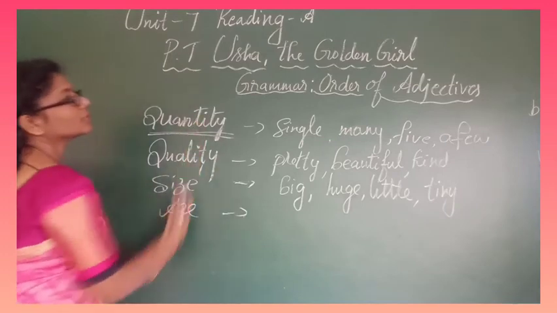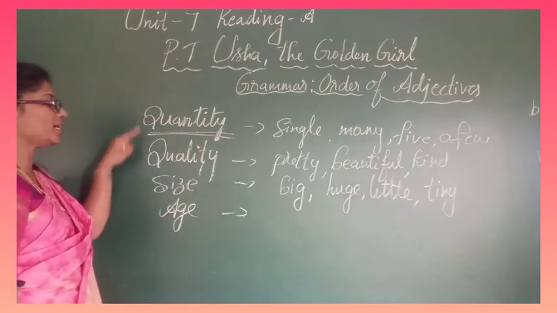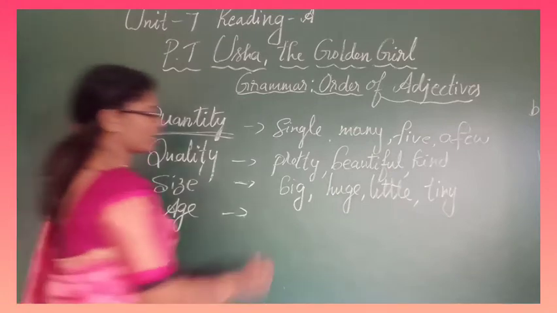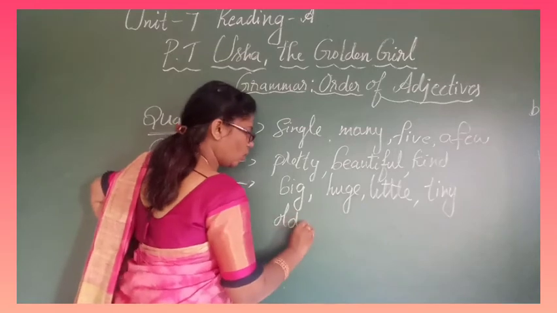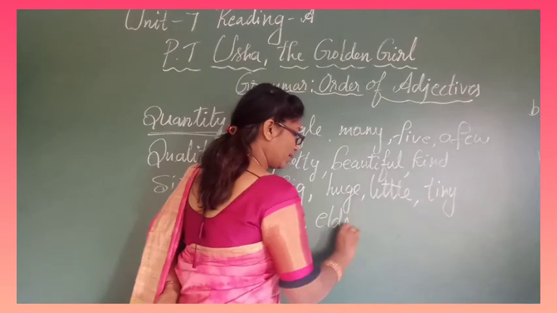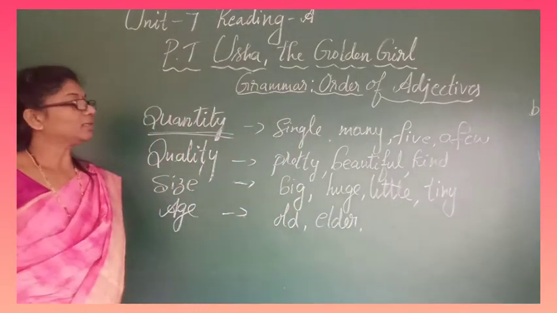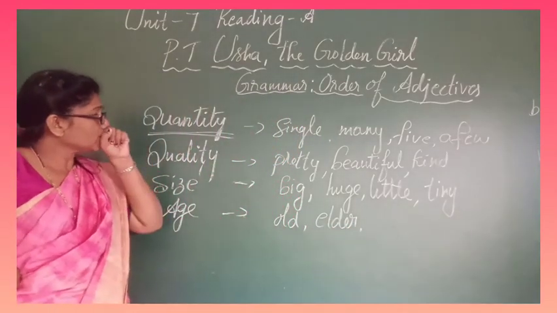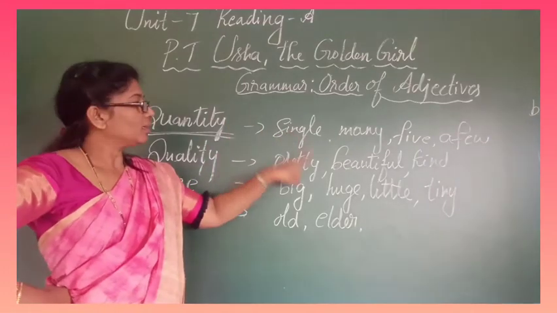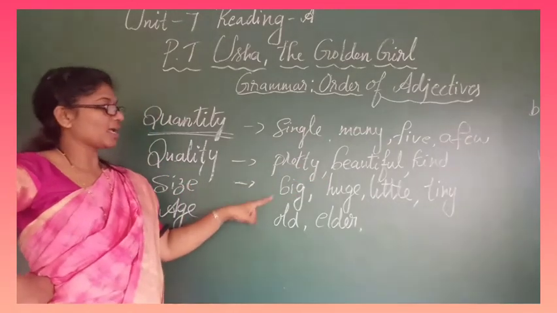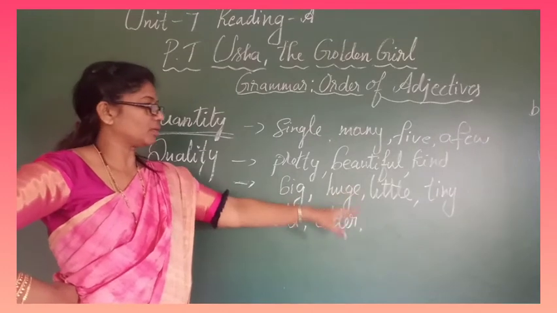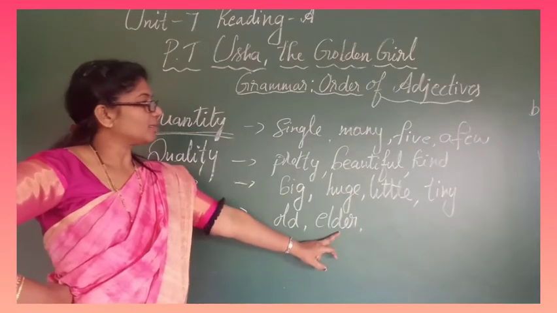Let's go with age after size. Age comes in this order of the adjectives: first quantity, quality, size, age. Age means you can say old. An old man was standing, then you are talking about age. Now elder, my elder brother. For example, I have one little younger brother.